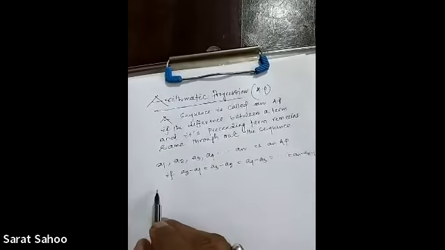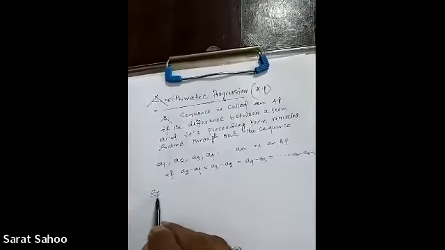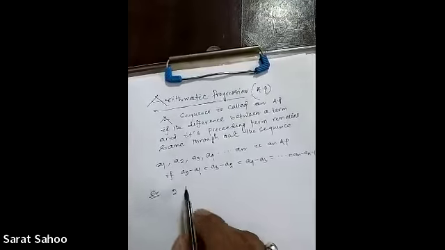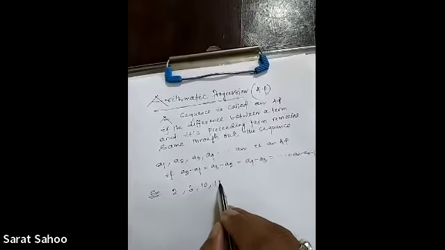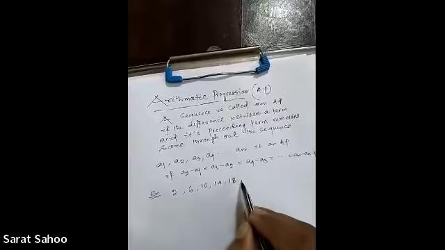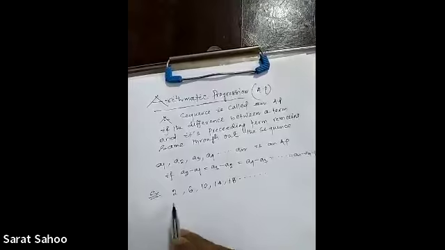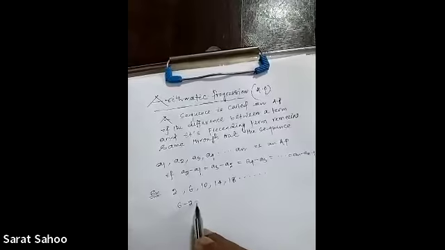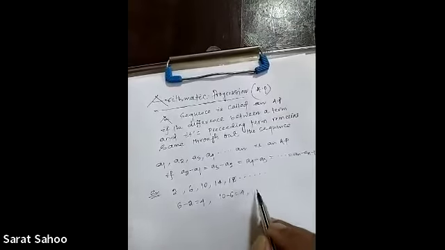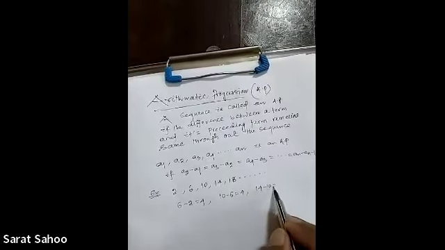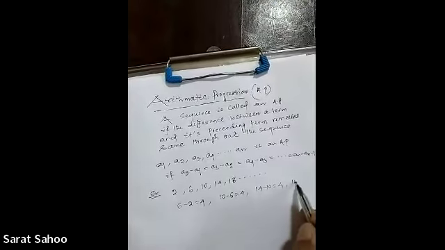Take a particular example. 2, 6, 10, 14, 18 is an AP because 6 minus 2 is equal to 4, 10 minus 6 is equal to 4, 14 minus 10 is equal to 4, 18 minus 14 is equal to 4. The sequence maintains a constant difference, hence it is an AP.